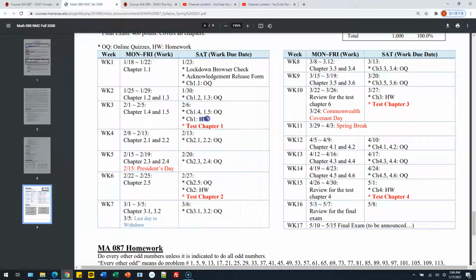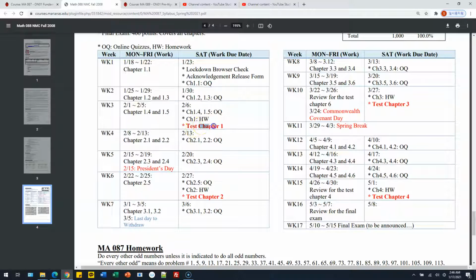The homework is due on Saturday on this date, February 6th. Always refer to the lecture schedule, because the dates will be different since we're going to use this tutorial guide for each semester. So always refer to the dates specified on the lecture schedule.